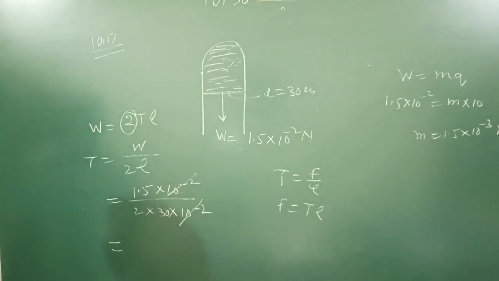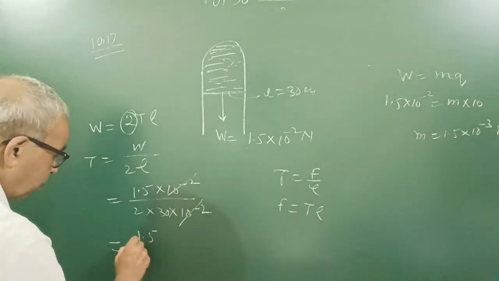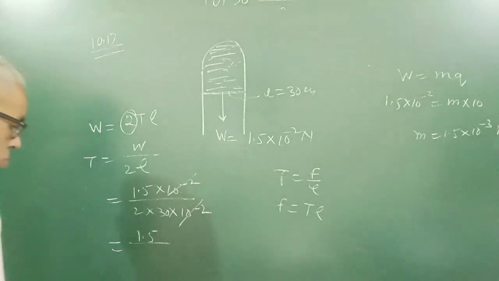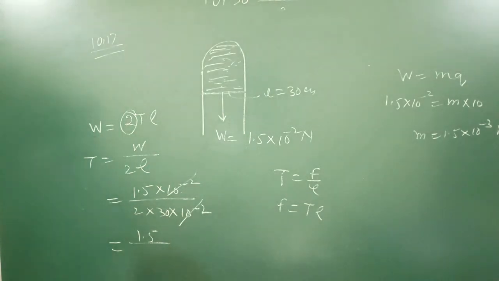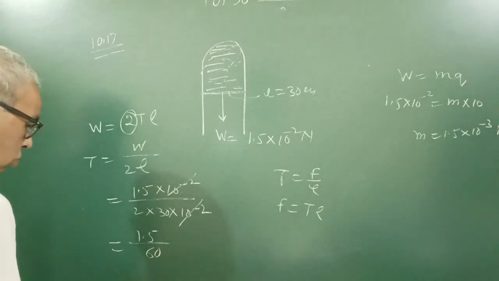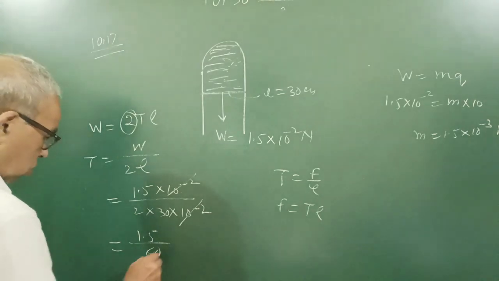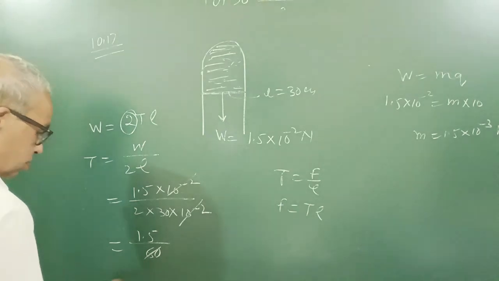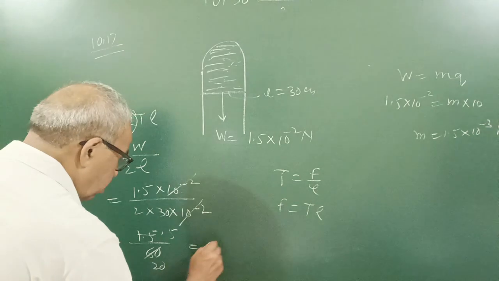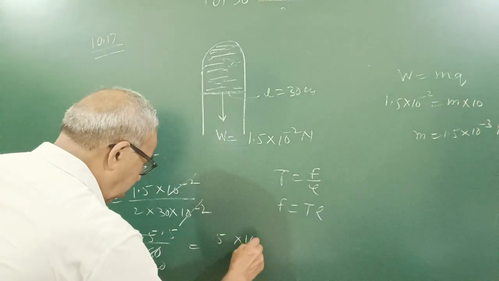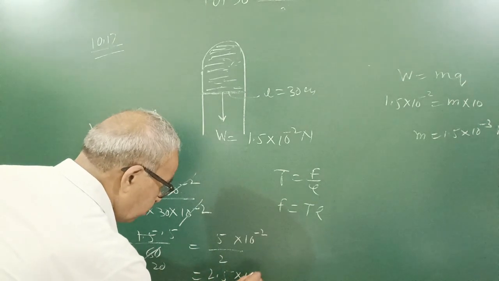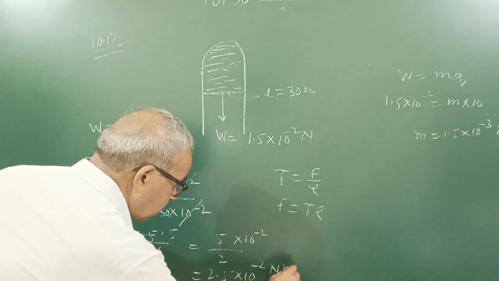It is 1.5 upon... 0.5. So it is 5 into 10 to the power minus 2 upon 2. So 2.5 into 10 to the power minus 2 Newton per meter.